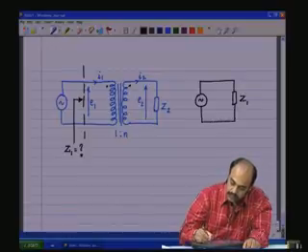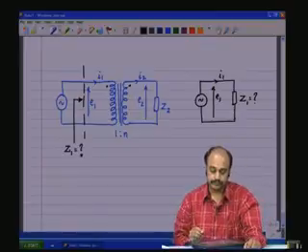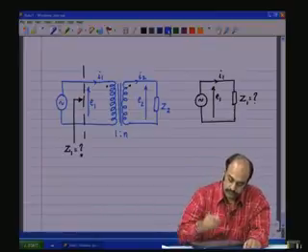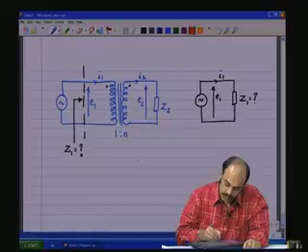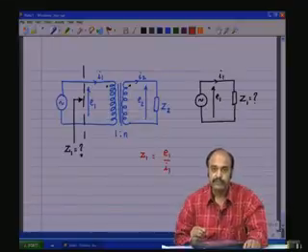So, what is Z1 such that we get the same I1, and of course, the voltage across is E1. So, the source impedance Z1 is equal to E1 by I1.